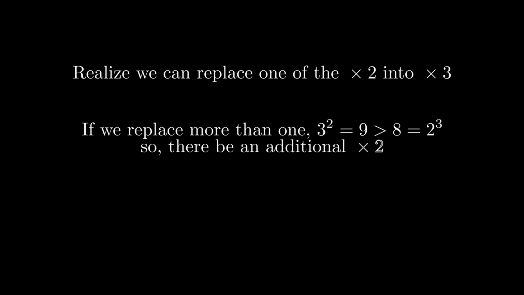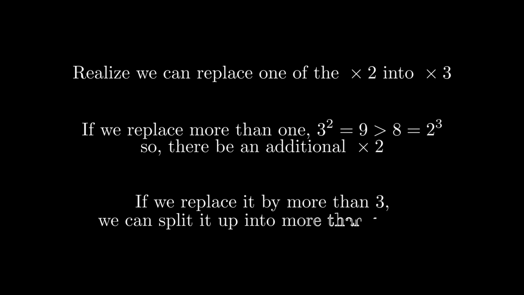That means that is a times 9, but we know that 8 is equal to 2 to the power of 3. So we could have had three times 2's, but we had two times 3's, which is not the maximal set. Otherwise, if we multiply by a number bigger than 3, we can always split it into two or more times 2's, because it'll be greater than or equal to 4, which is 2 squared.